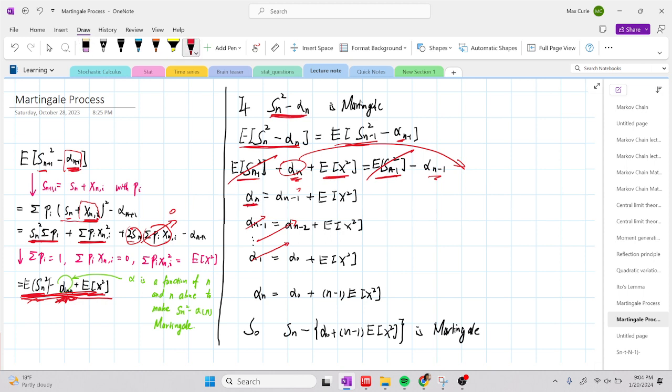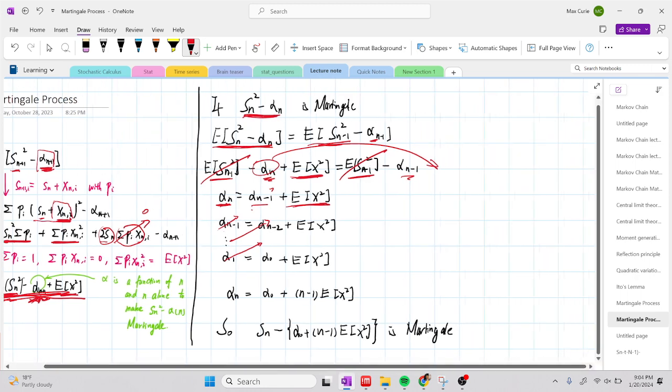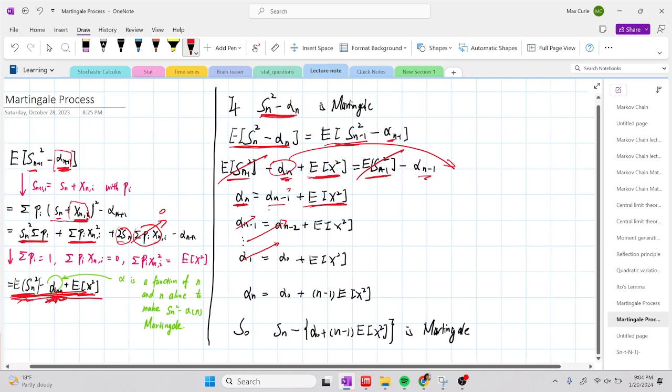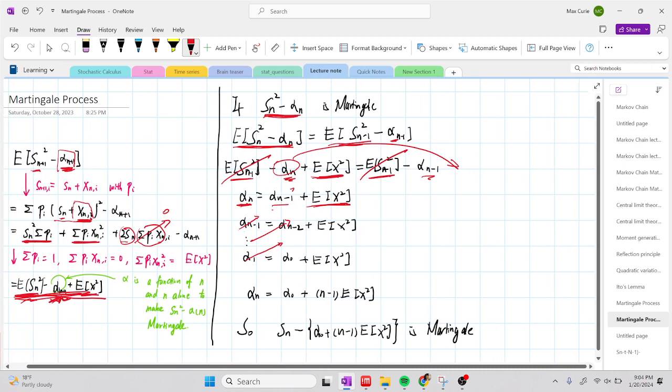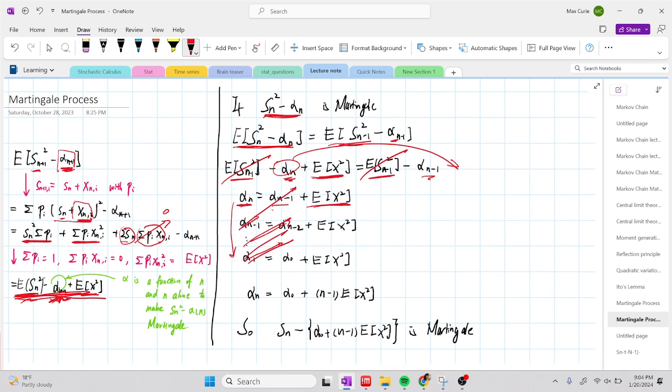alpha n equals alpha n minus 1 plus the expectation of x squared, and we just keep going like this: alpha n minus 1 equals alpha n minus 2 plus x squared, and so on and so forth. We add them all together. All of them cancel out here, leaving alpha n and alpha 0, and there are in total n times.